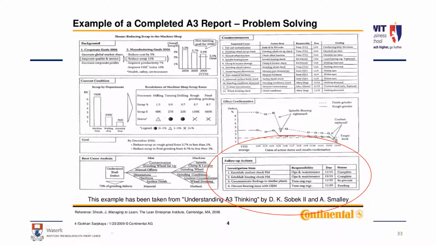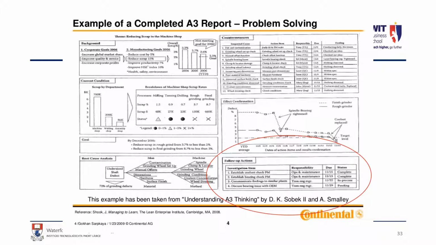You can see here they've got follow-up actions in this example. These seem to be more technical follow-up actions initially, when you're establishing coolant check, etc., establishing bearing check. So operations and maintenance responsibilities there.